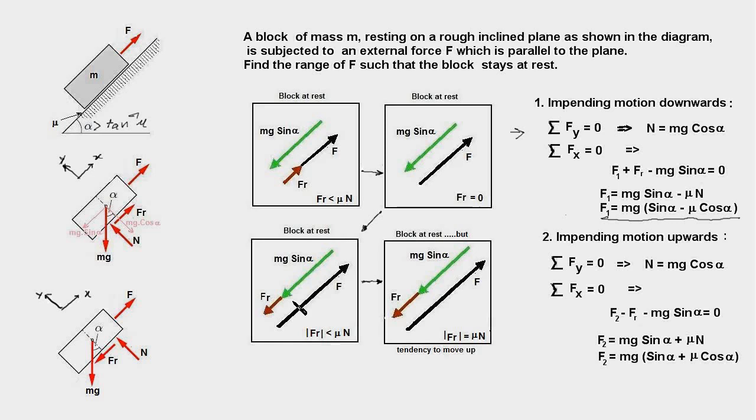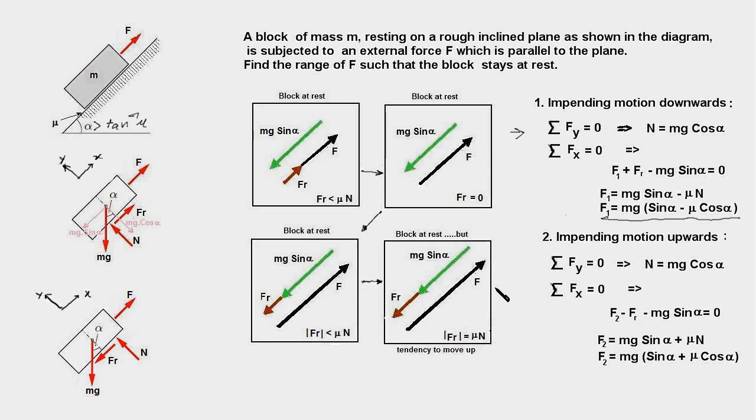And now if we further increase the applied force to this level, the static frictional force in downward direction would attain its maximum value, and therefore now this magnitude of Fr is equal to mu N. This also is a position of rest, but now the tendency is to move up. Any slight increase in F will cause the block to begin moving up.